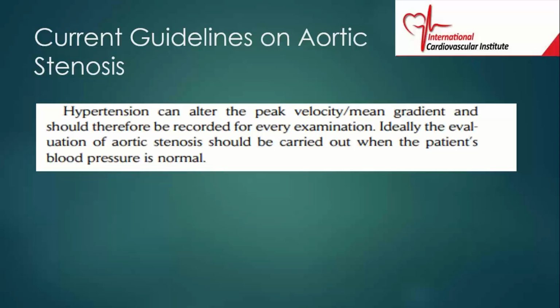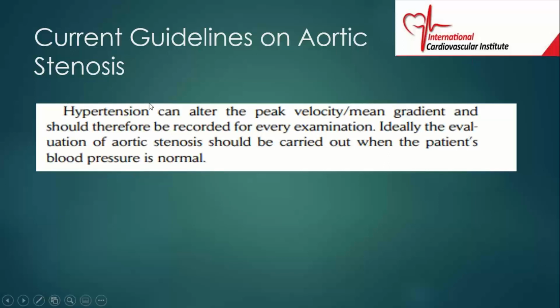Remember hypertension: if someone has significant hypertension, blood pressure 220 over 120, that is pressure that the blood flow has to overcome. And as a result of that, the flow across the valve can be reduced.